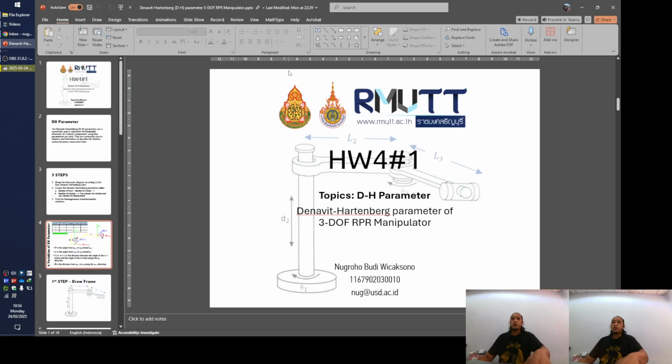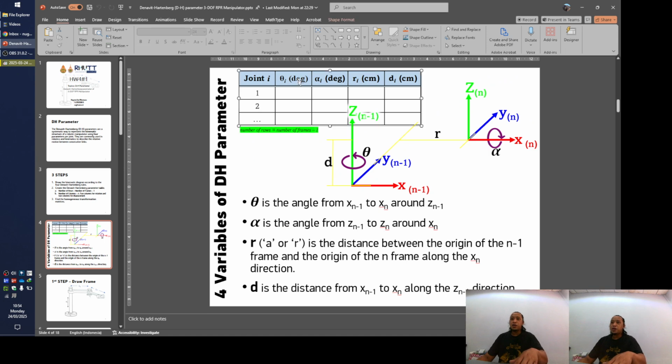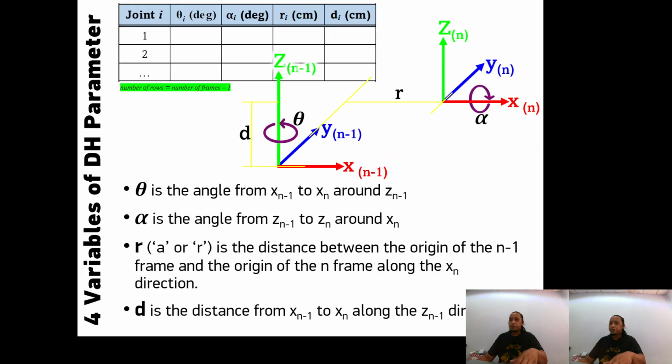The theta is the angle from x n minus 1 to x n around z n minus 1. What is n? n is the frame. So if this is the current frame that we analyze, then this is the n minus 1.